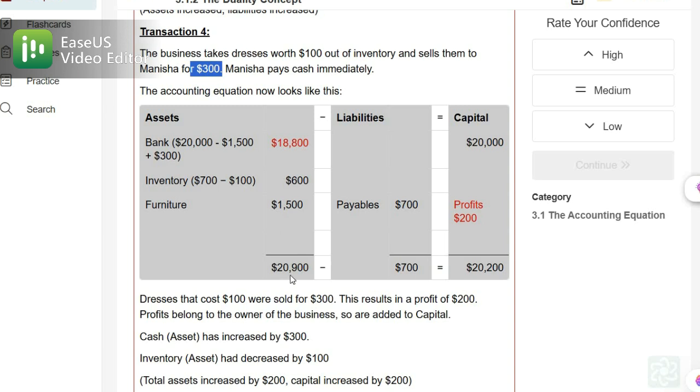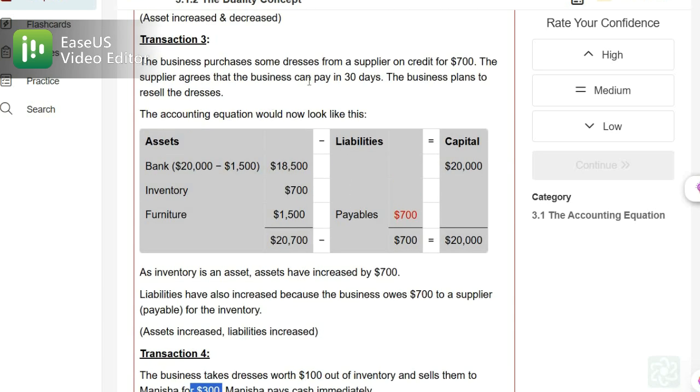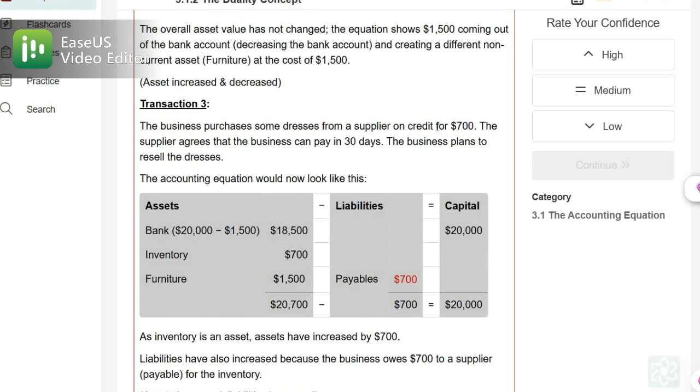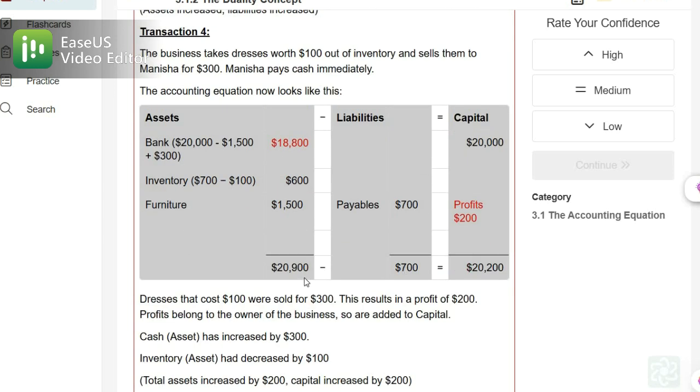Okay, so the total asset is 20,900, and if you deduct the liability, which is the amount that came from purchasing the inventory, the dresses in transaction number 3, from the supplier on credit basis, this is your liability portion, and it remains here. So 20,900 less 700, and you will get 20,200, and this is your capital, and this capital is increased by the profit.